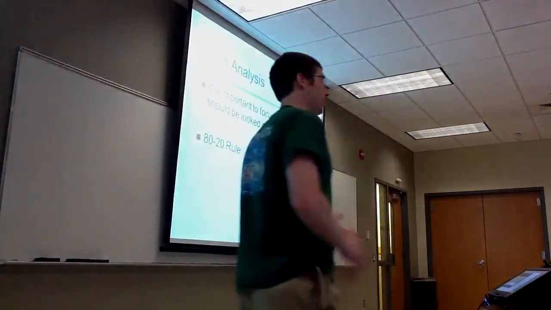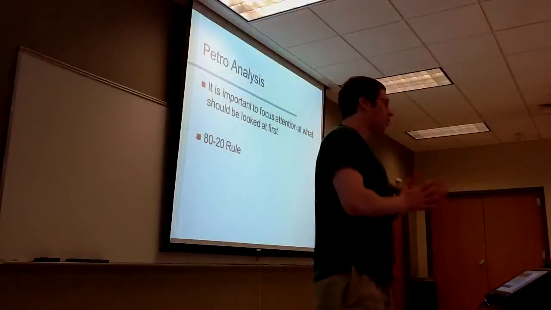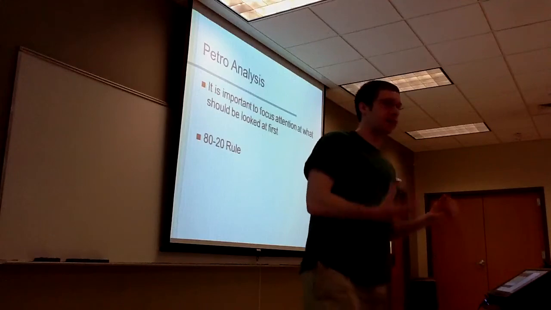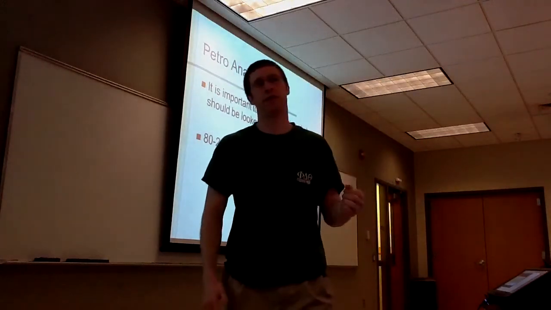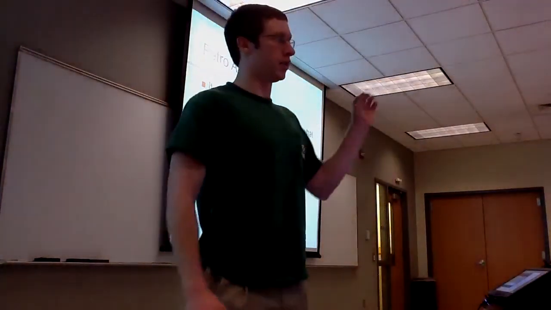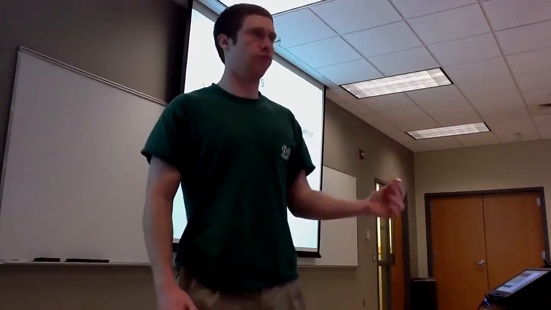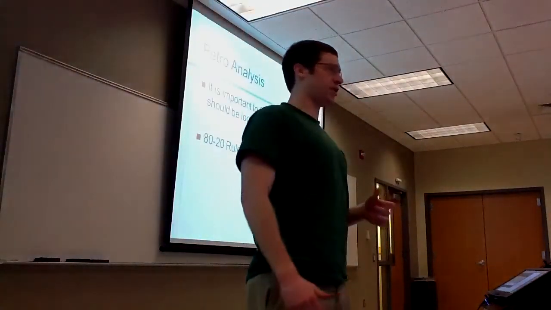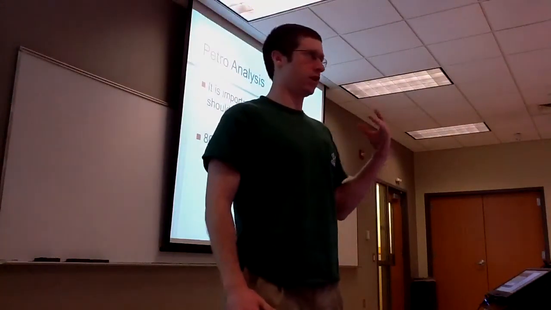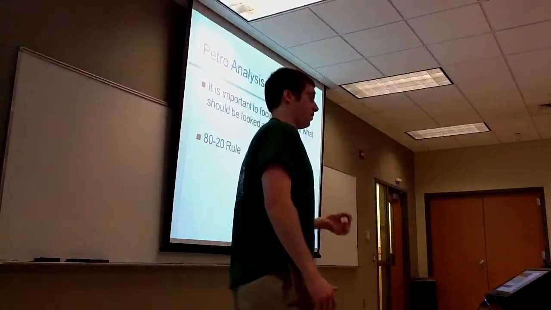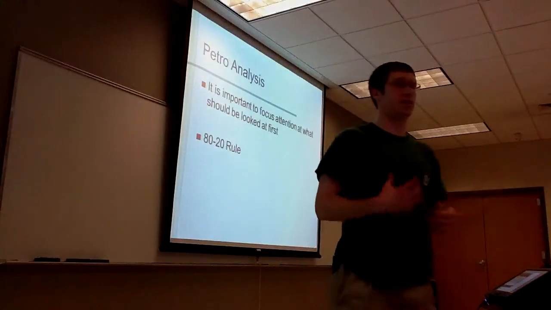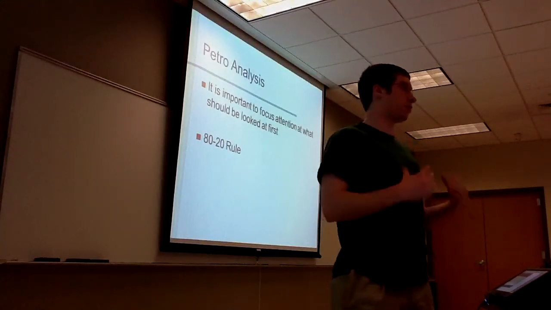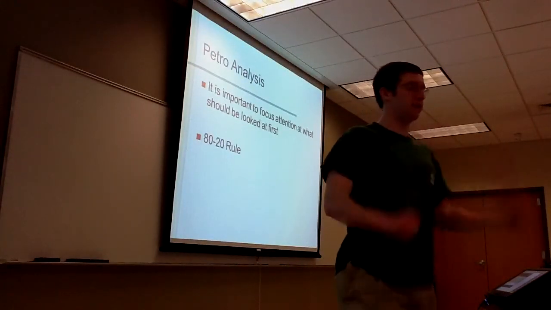There's a big rule that people like to implement, which is called the 80-20 rule, which means that 80% of your focus should be on the top 20% of things that are going to be either the most profitable or cause the most improvement. So there's no use in spending an excessive amount of time on something that's not going to optimize your process, or on something that's not going to give you better results. You need to spend most of your time on the big game changers.